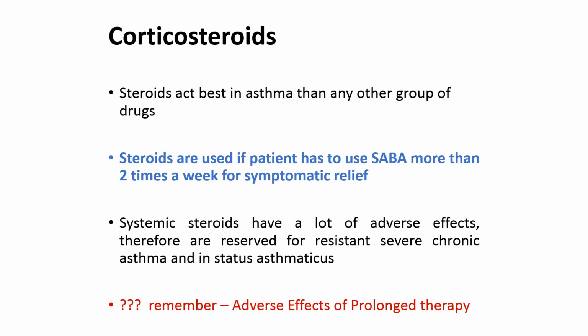But if the patient starts to suffer more than 2 attacks per week, then you cannot go ahead only with the short-acting beta-2 agonist agents, because if these are used for a very long period without any gap in the treatment, there will be down regulation of receptors and you will not get the desired benefit in the long term.